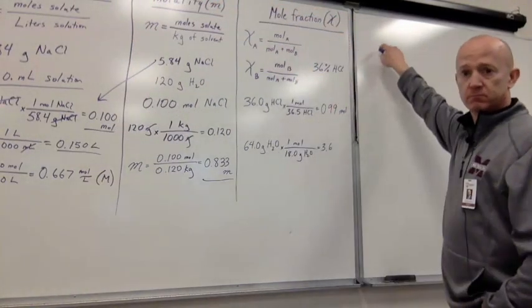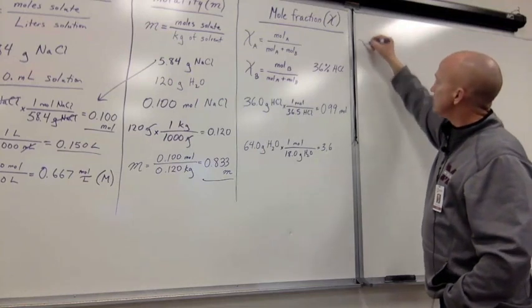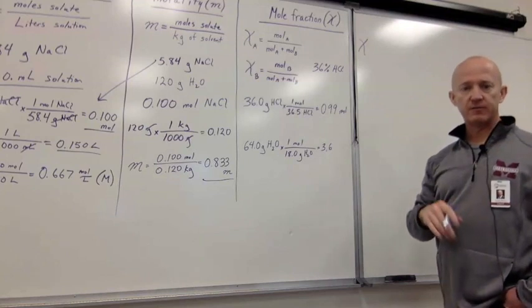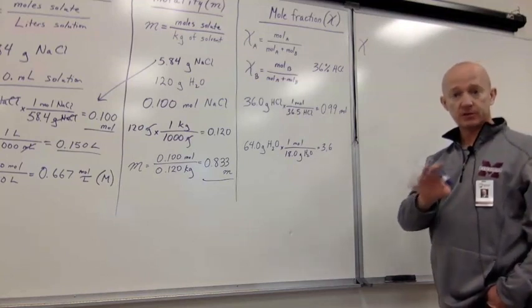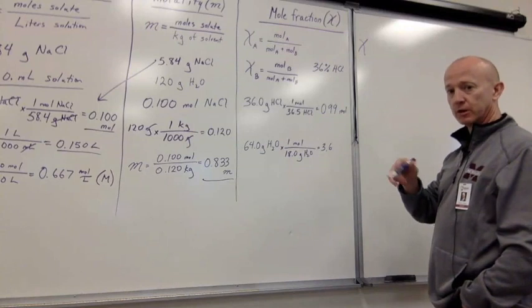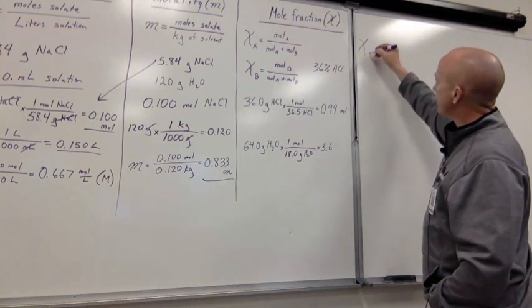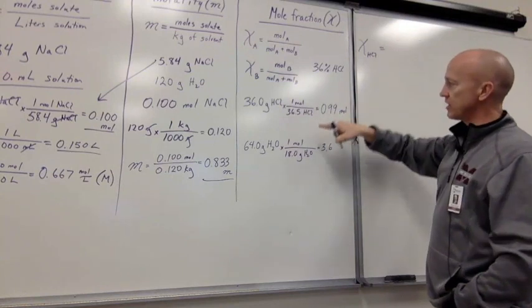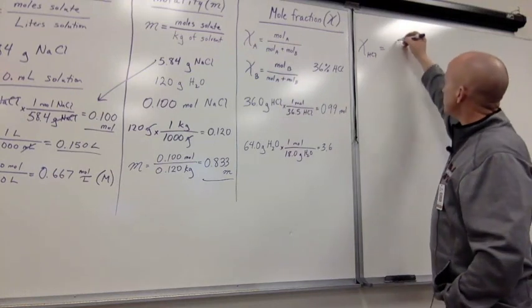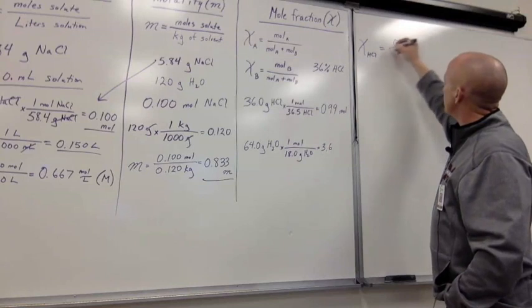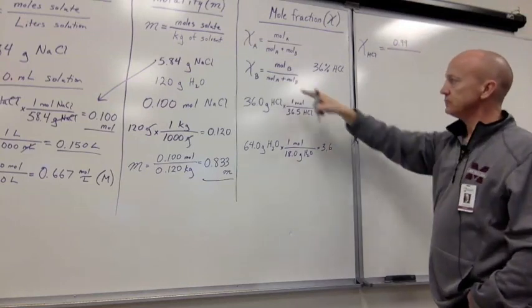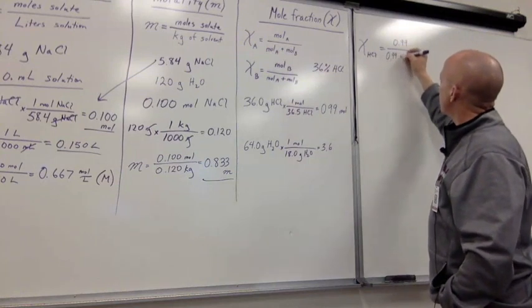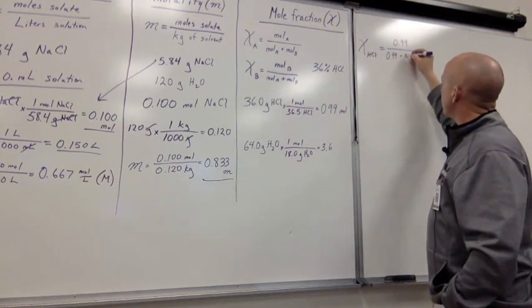I'm going to do it over here. Cool? So let's do the mole fraction of HCl, and I'll show you something that happens when we find the one. We can always find the other. All right, HCl. Moles of HCl, 0.99, divided by 0.99 plus 3.6.